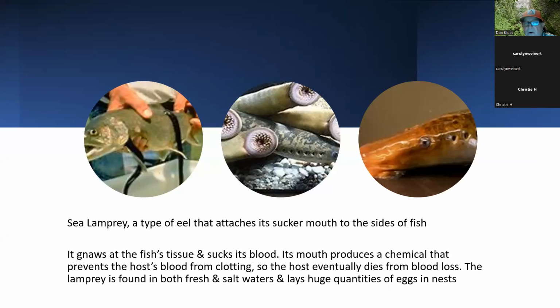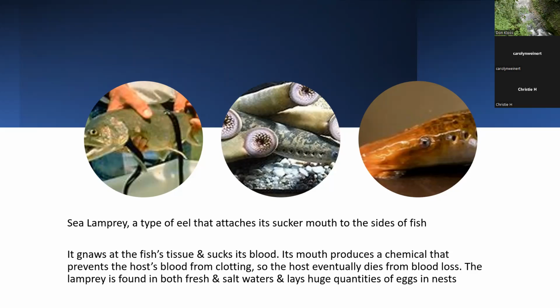And then I'm not going into a lot of detail on this since Christy covered it in her presentation on invasive species. The sea lamprey, of course, is a type of eel that attaches its sucker mouth to the sides of fish. It gnaws at the fish's external tissue, the first few layers of flesh, and sucks its blood for nourishment. Its mouth produces a chemical that prevents the host's blood from clotting.